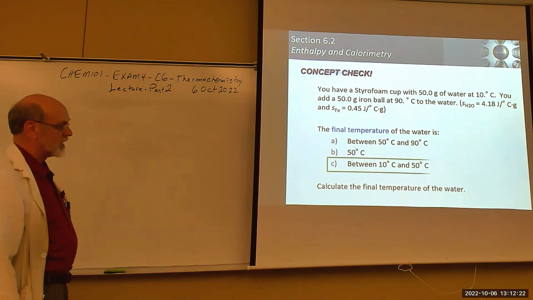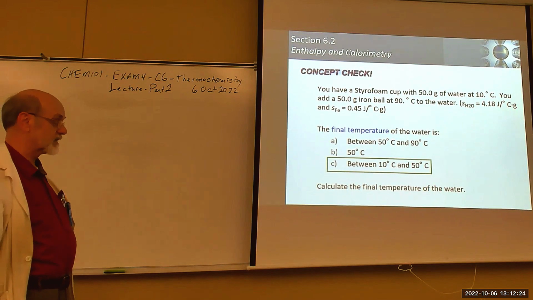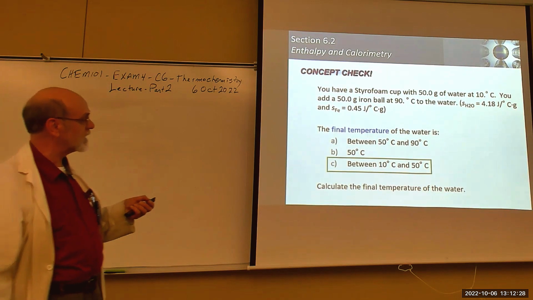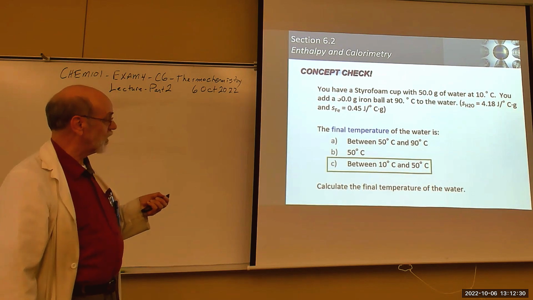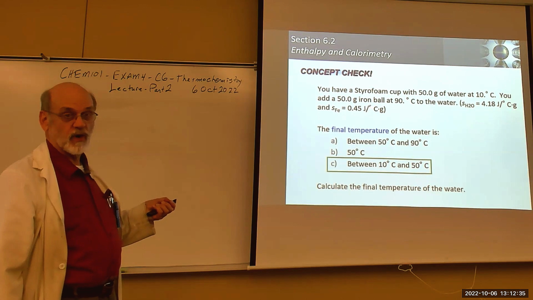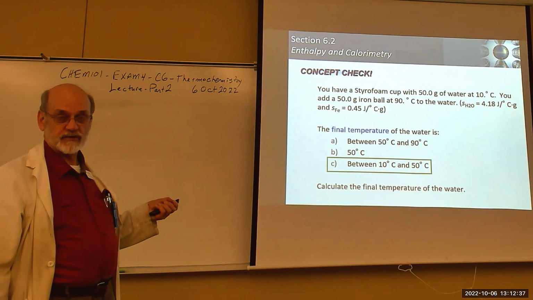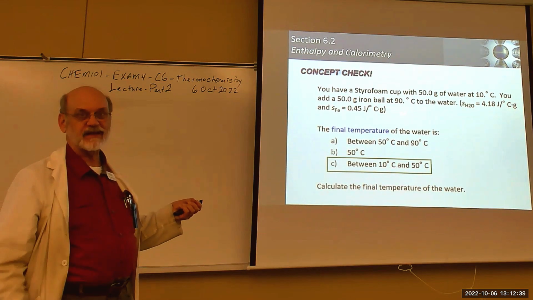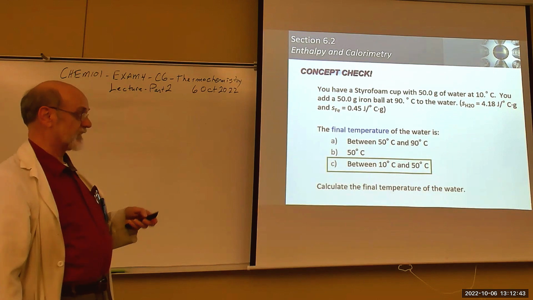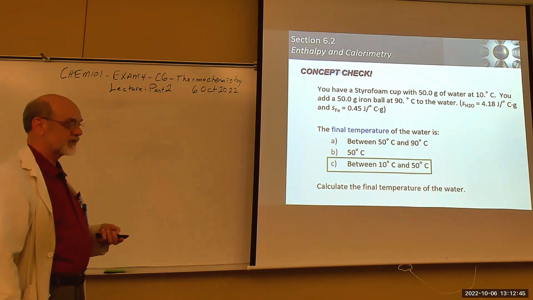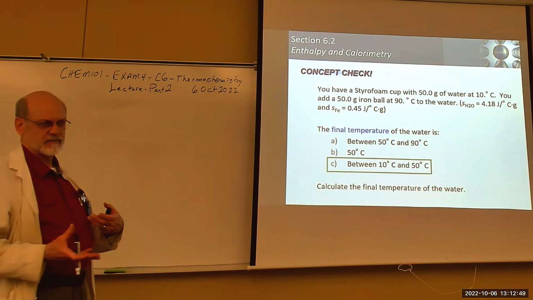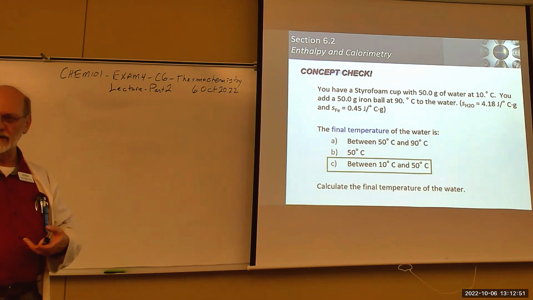If we do the calculations, we find out the temperature is actually between 10 and 50. Even though we had the same mass of each one, the heat capacity of the iron was about 1/10 of that of the water. So its temperature will change with just a little bit of heat. And that's characteristic of water. Water has a very high heat capacity for its composition, for its formula.